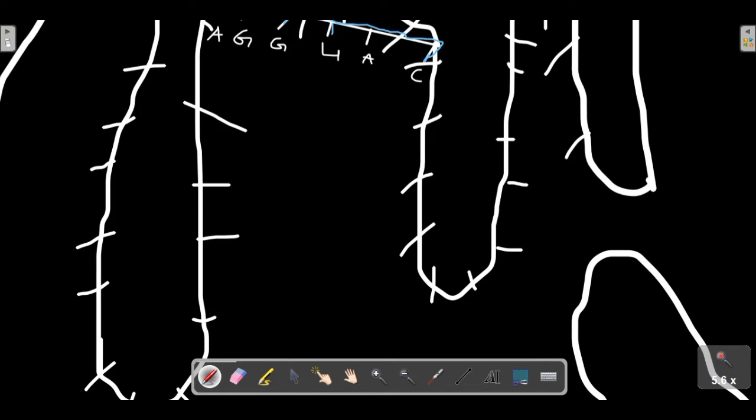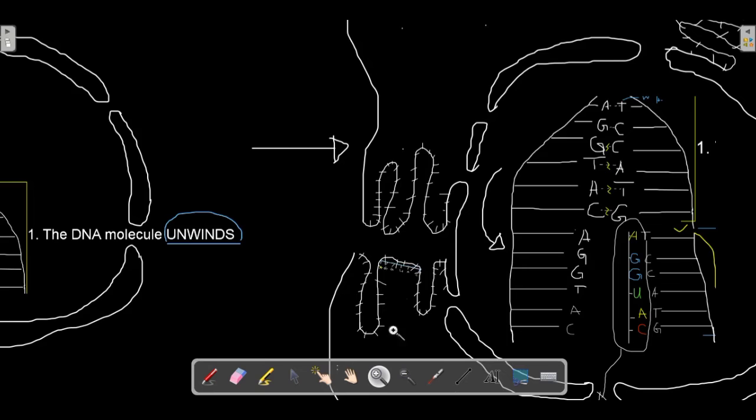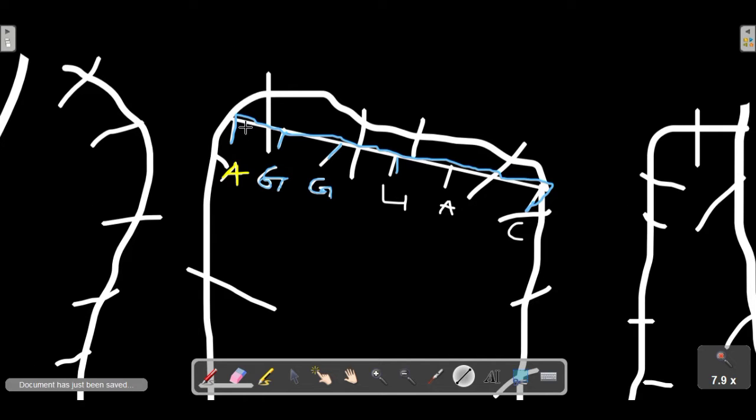Let me use yellow for A, and G. So these three, this set, where you have A, G, G. What is that?